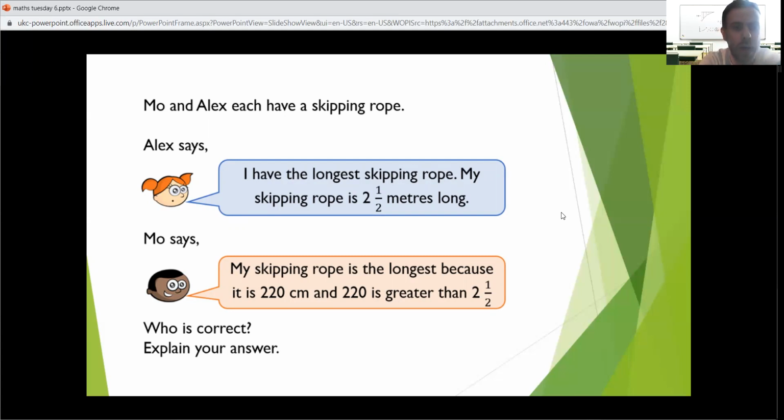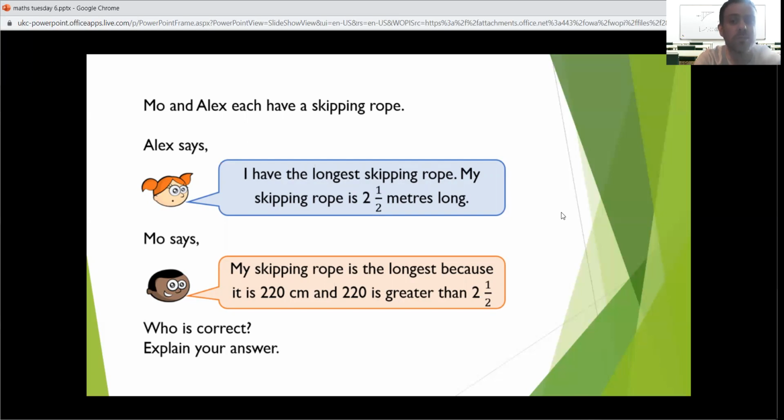All right, so who had the longest skipping rope? Alex was saying she had the longest skipping rope because hers was 2.5 meters long. Mo was saying his was the longest skipping rope because his is 220 centimeters long. So the answer is Alex has the longest skipping rope. The reason why is because 2.5 meters would be 250 centimeters.